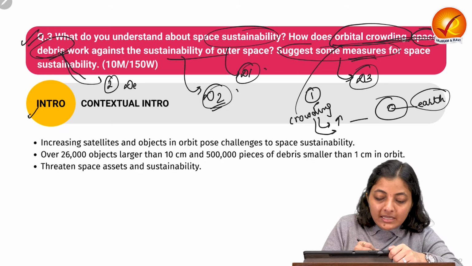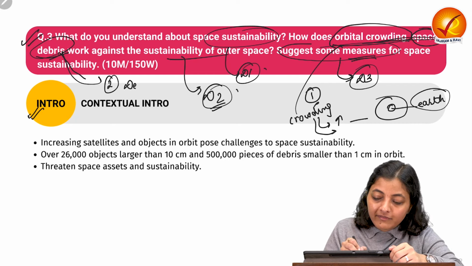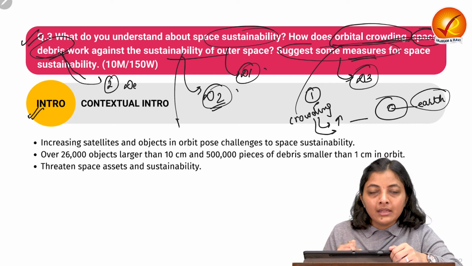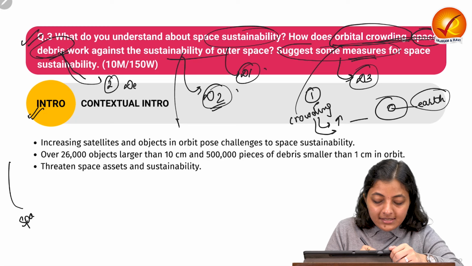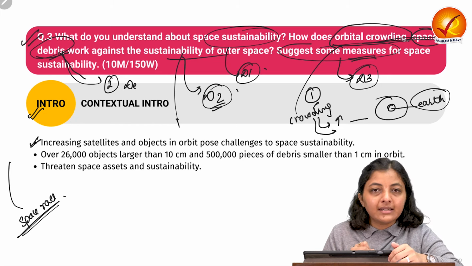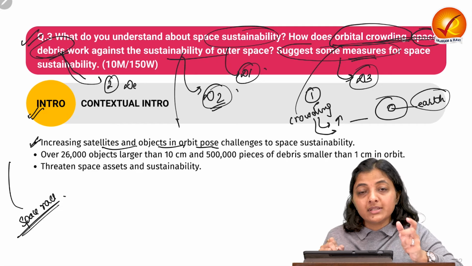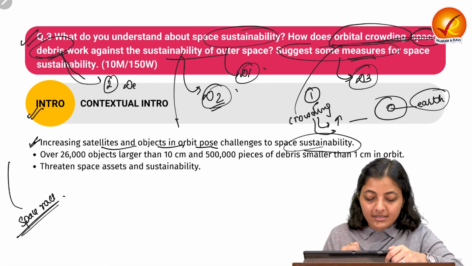Starting with the introduction, you can write some background about why this question is being asked. Because there is a space race, as we saw in the Cold War era also. And at present, there are increasing satellites and objects in the orbit that pose challenges to space sustainability.